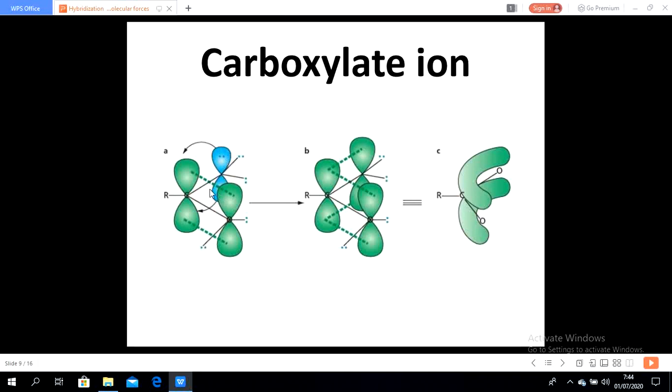So in here, the blue one must be 1 oxygen with a single bond, and the green one is the double bond. Why? Because the lone pair over here is only 1.